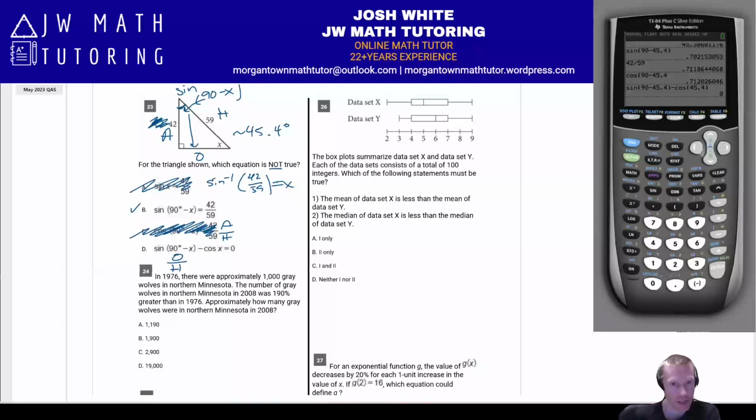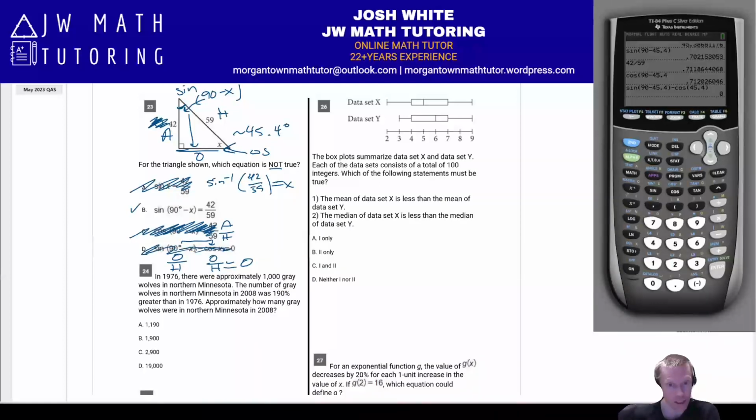But notice if I do the cosine now of angle x down here in the bottom right, the adjacent side for this angle x is the same side which is opposite the 90 minus x. It's this side down here, and then it's going to be over again the hypotenuse. So the point is these two expressions right here are the same. Therefore, when you subtract them, you get 0, and that makes the statement true, which means it is not the correct answer to the problem.